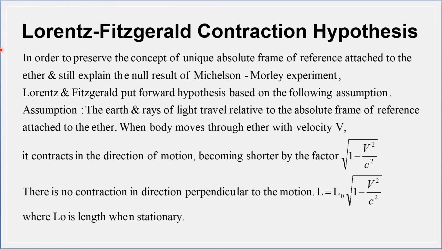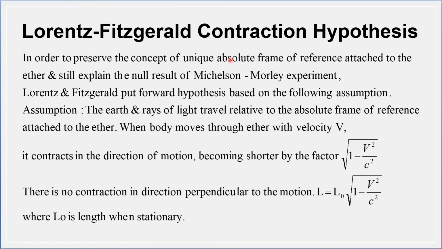So they're still keeping with the Newtonian idea, the presence of the ether, and the non-absolute velocity of the light. The scientists known as Lorentz and Fitzgerald gave the hypothesis called the Lorentz-Fitzgerald contraction hypothesis.